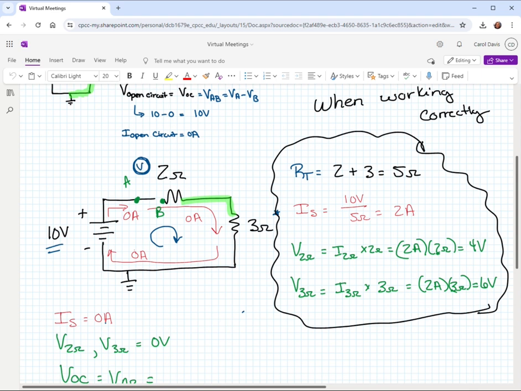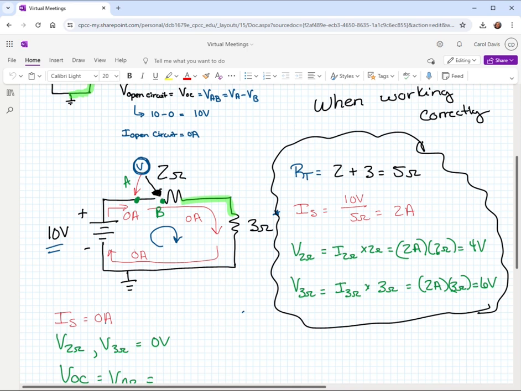We're going to put the red lead at A. You always want to put the red lead where you think your more positive value will be. If it's a digital multimeter, it really doesn't matter because it will just give you a negative sign if you pick the wrong side. So let's put our voltage source there, and trace through what we would expect to measure.